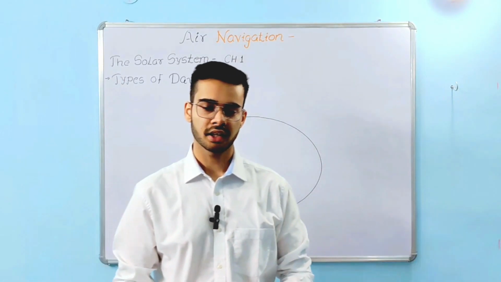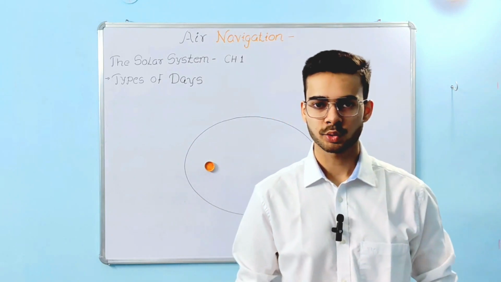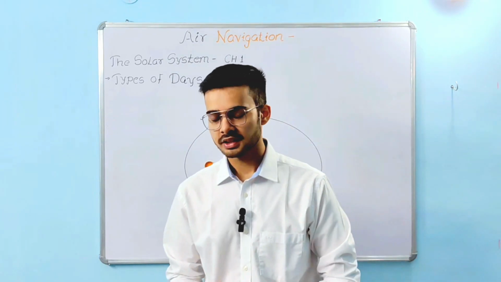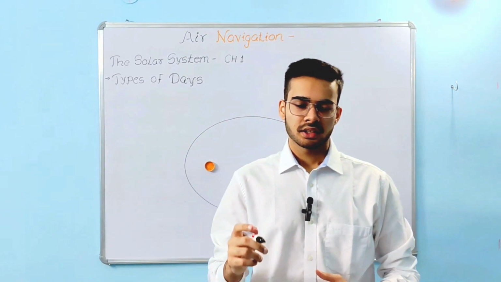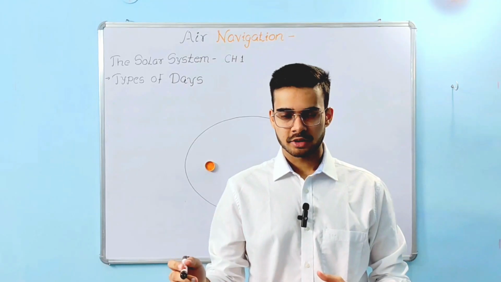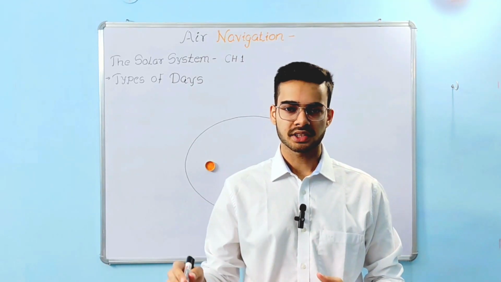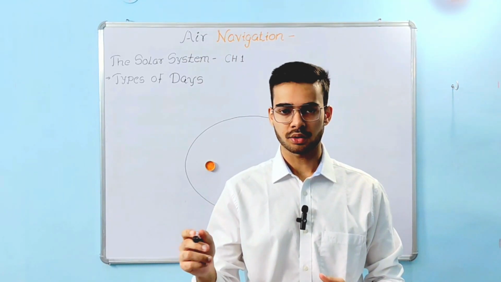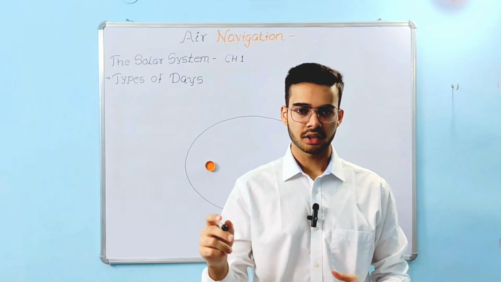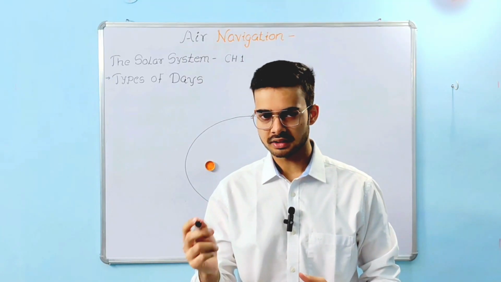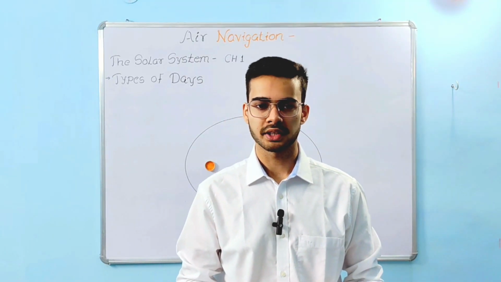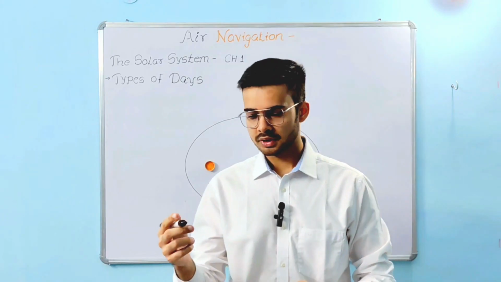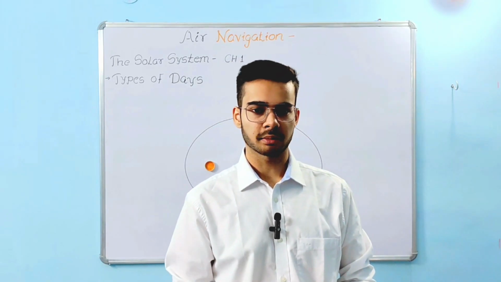This is the Sun, and we'll start with apparent solar day. So what does the definition say? The time interval elapsed between two successive transits of our real Sun over the observer's meridian marks one apparent solar day. So there were a few key points that need to be elaborated.